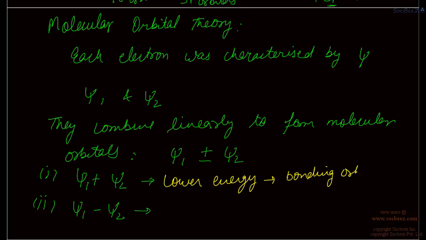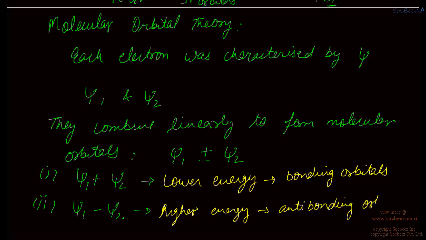The higher energy ones are known as anti-bonding orbitals. An electron first prefers to go to a lower energy level than a higher one, therefore psi1 plus psi2 is preferable to psi1 minus psi2, and forms the bonding orbital.